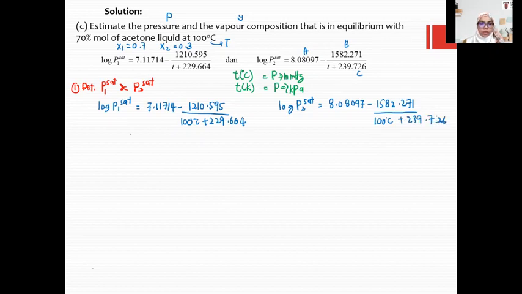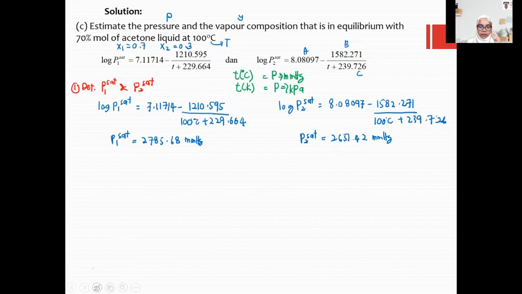I will share the answer: P1 saturation is 2785.68 mmHg, and P2 saturation is 2951 millimeter of mercury.